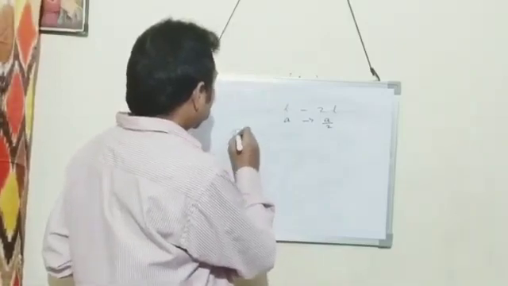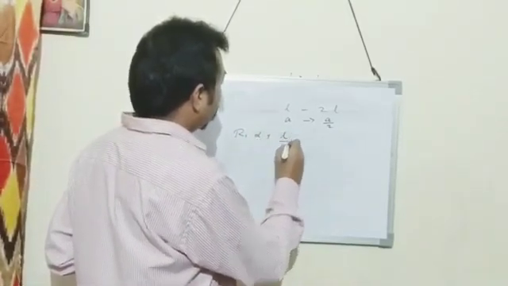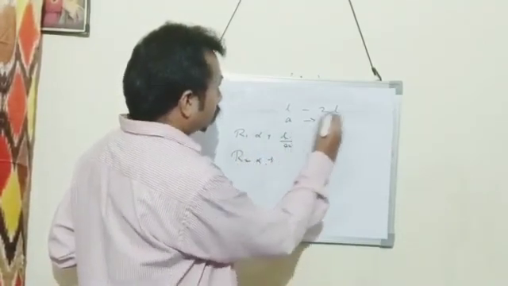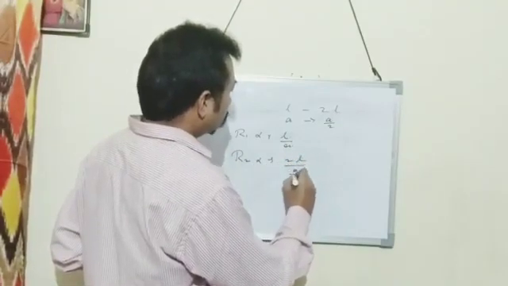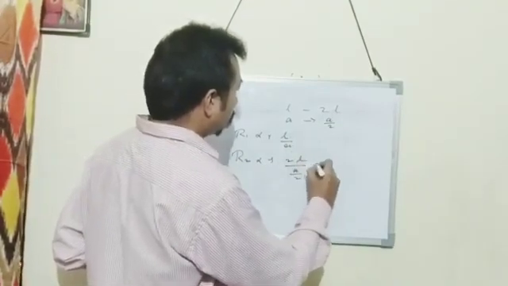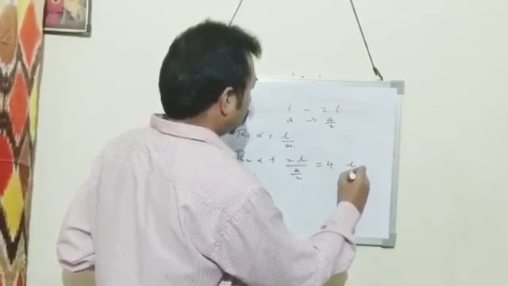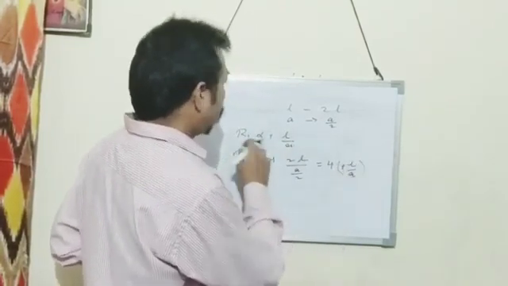The first case, R1 is specific resistance into L upon A. Now the next case, the length becomes 2 times, and the area of cross section becomes half. So this 2 will come to the numerator: 2 into 2, 4. 4 into specific resistance into L upon A. Instead of this, we can substitute R1.